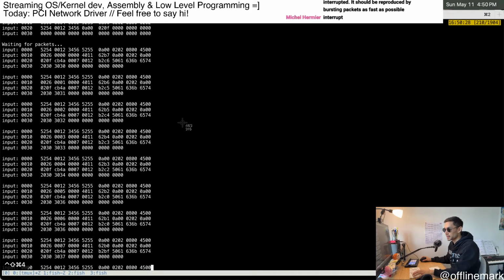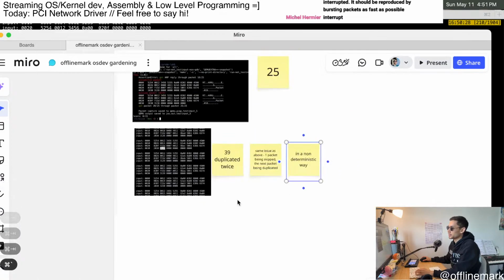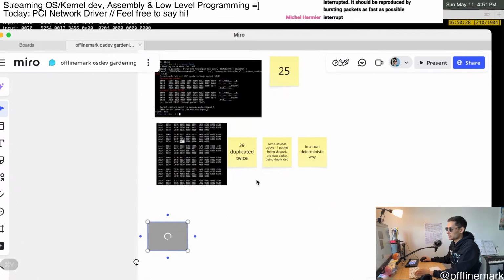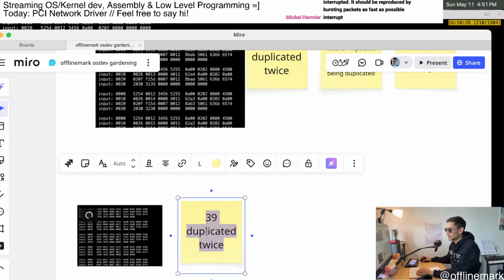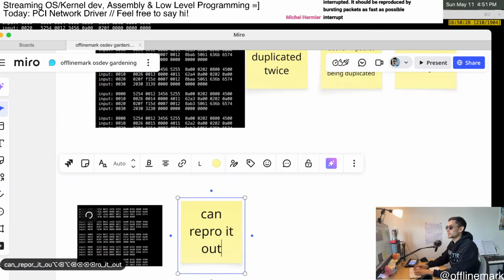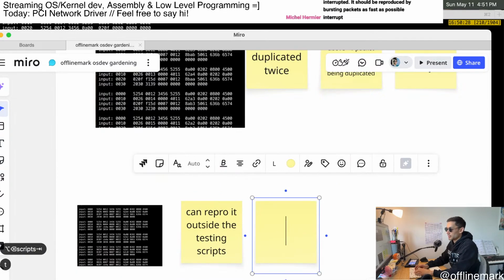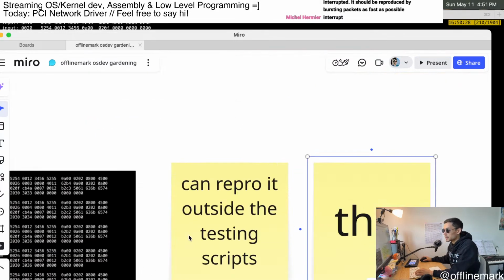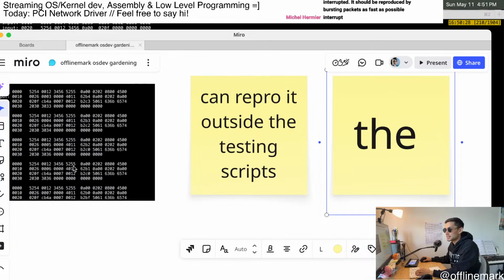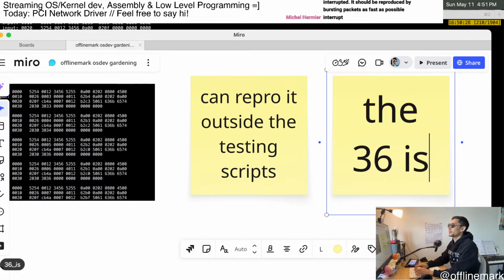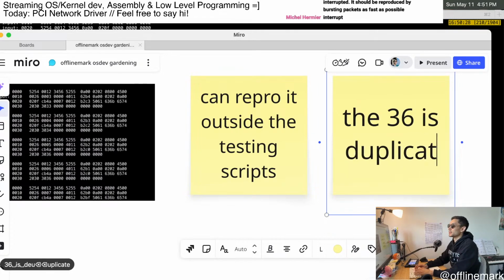So nice, now we're able to reproduce it outside of the testing script. The 36 here is duplicated.